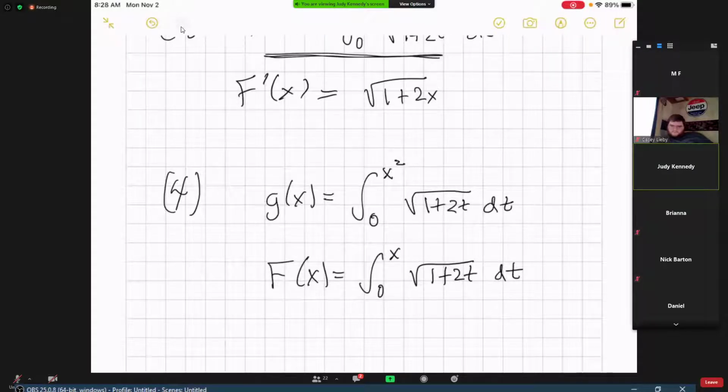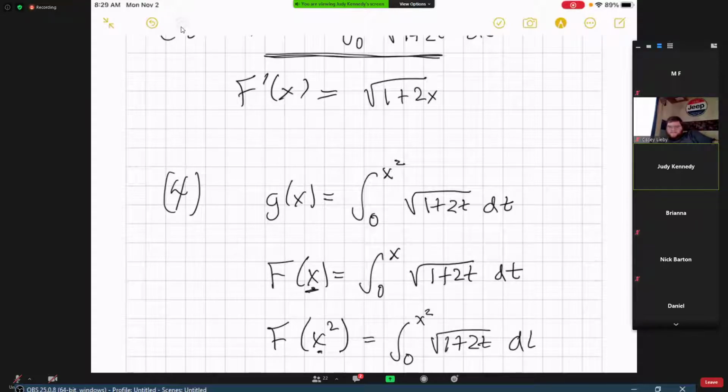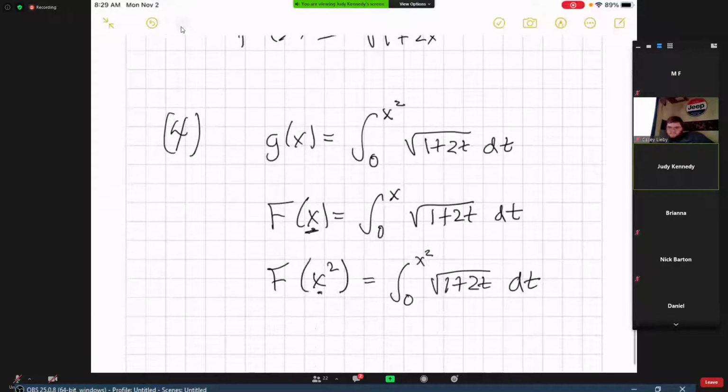And really, g of x is F of x squared. If I put x squared in the place of x here, that's by definition the integral from 0 to x squared of the square root of 1 plus 2t dt. So g of x is a composition of functions.